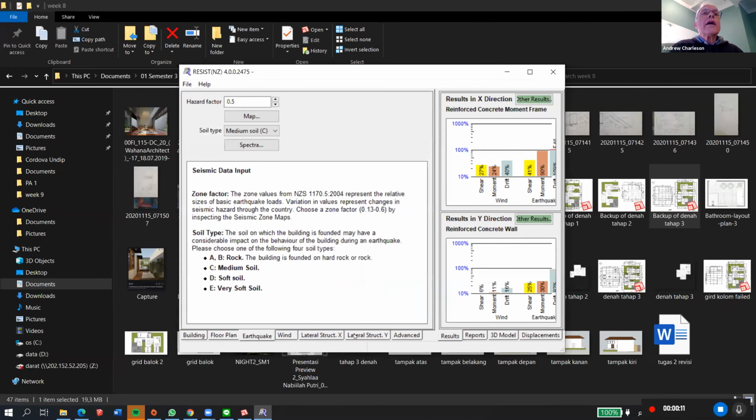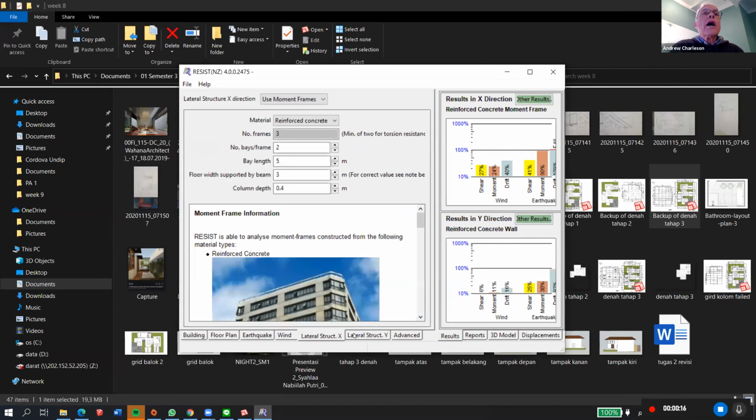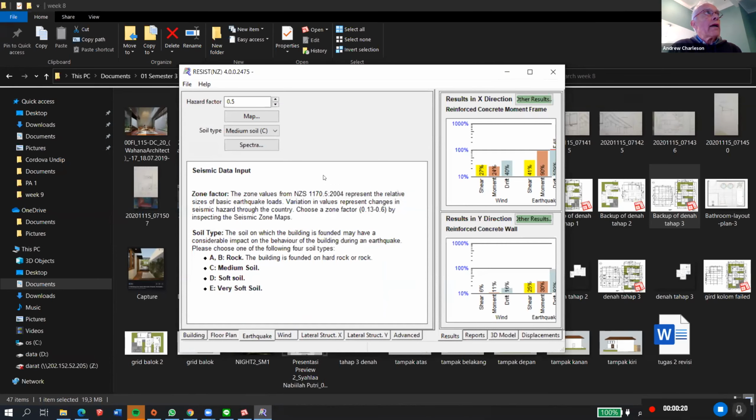Could I just say, actually for Bandung, I think the hazard factor is probably more like 0.3. Oh, okay. So let's reduce it. So now you can even reduce your columns and make them smaller. Okay, that's good. Thank you, Mr. Andrew.